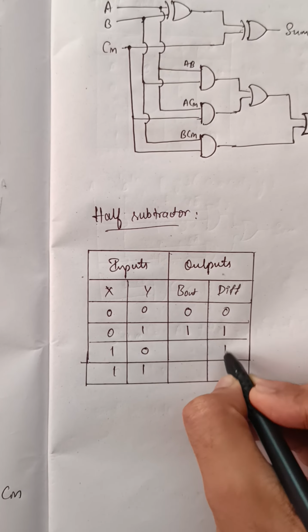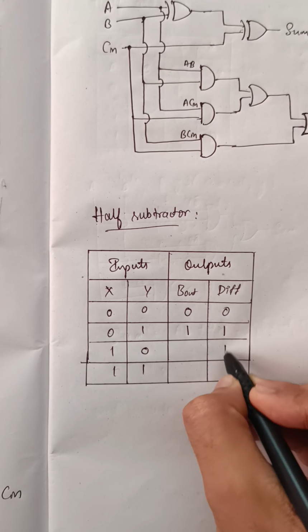Okay, the circuit diagram for half subtractor will look like this. Here x y bar and x bar y will combine together to give the difference, that is AND of x and y bar and AND of x bar and y.